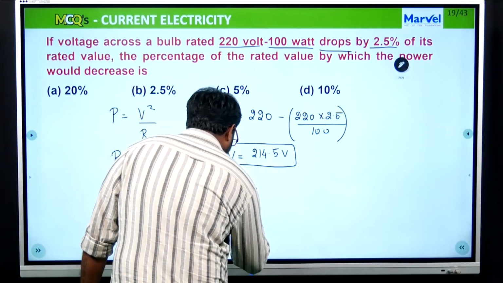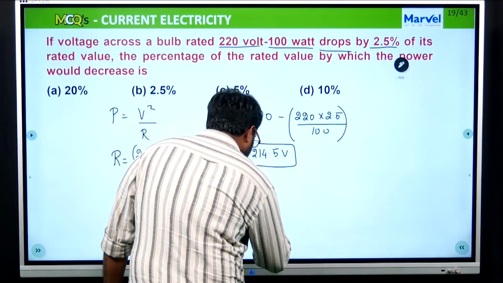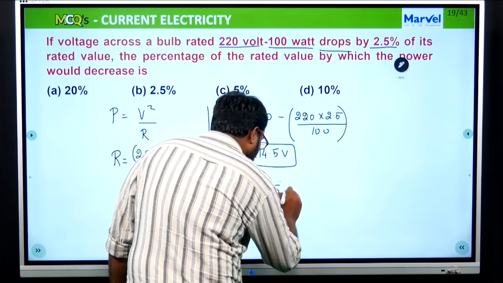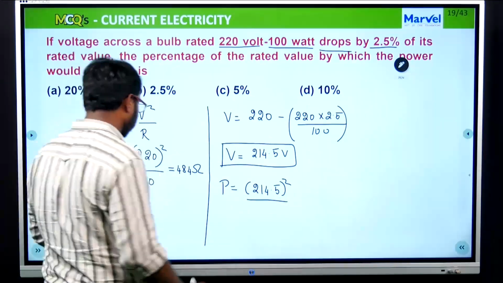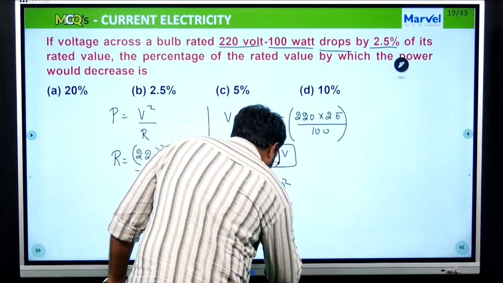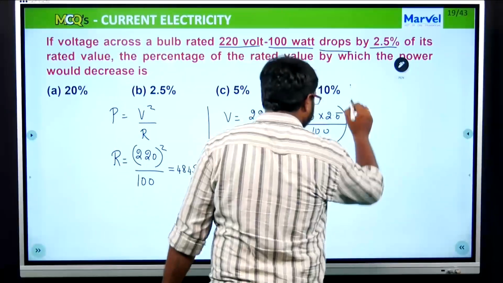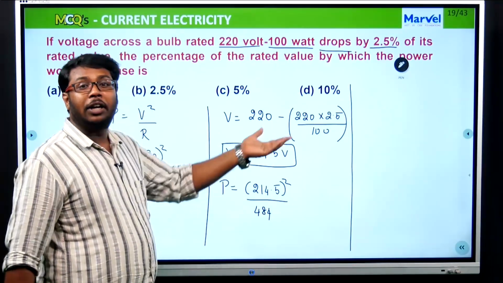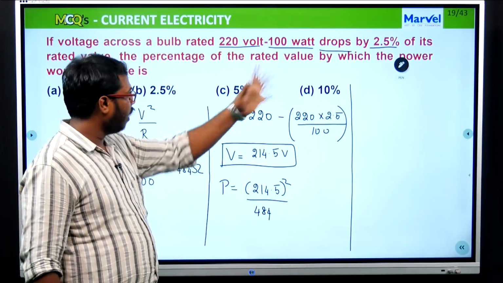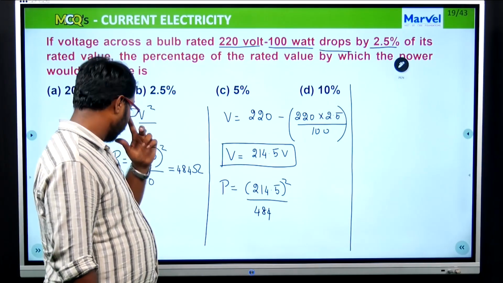So P is equal to V squared by R. So I will square this first. Then the resistance for this particular bulb is nothing but 484 ohms. So this is the power that I get after reducing the voltage by 2.5 percentage.